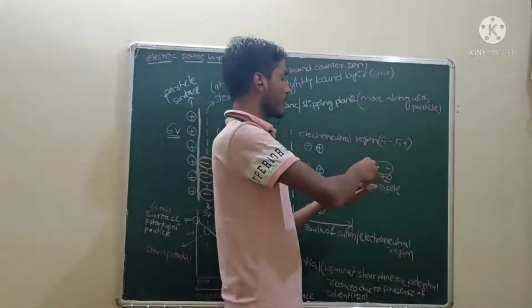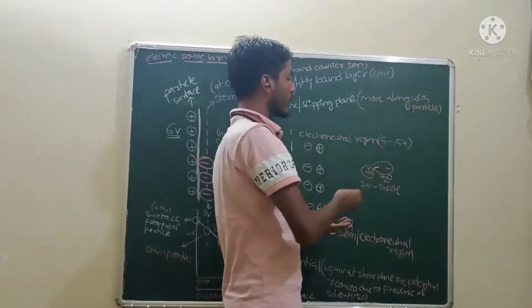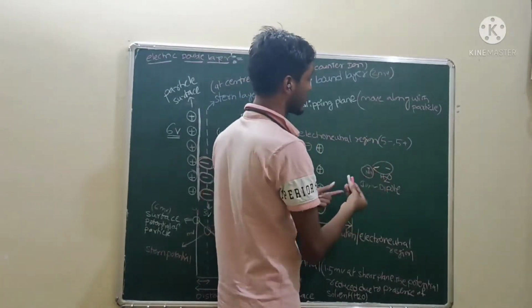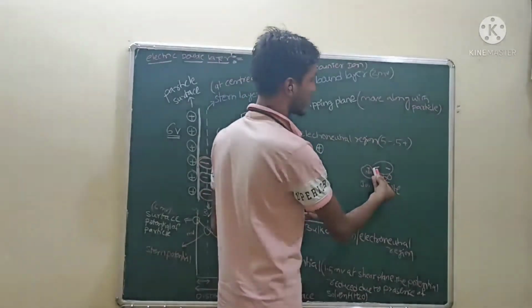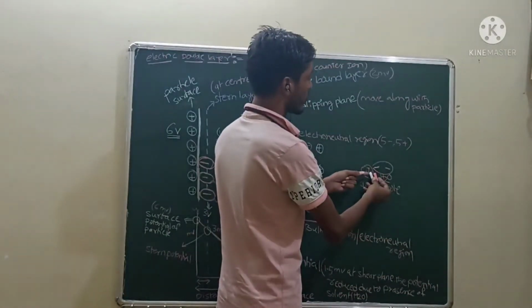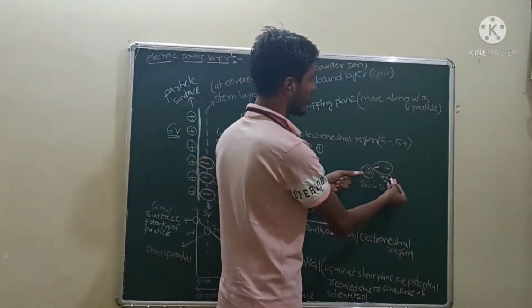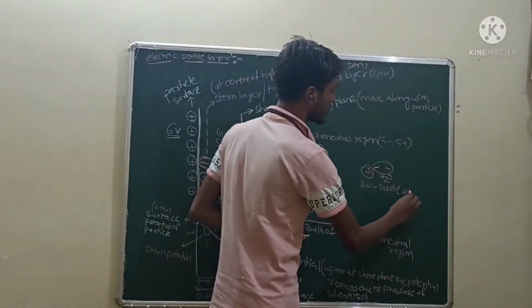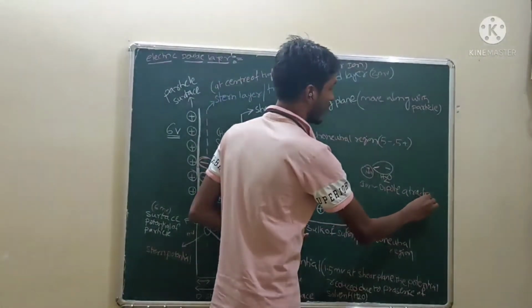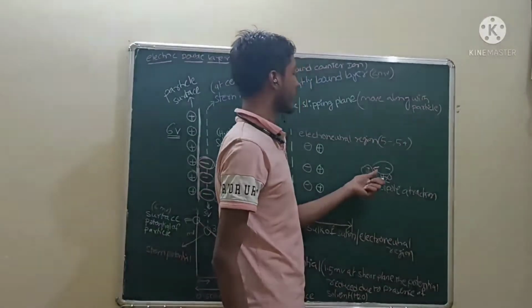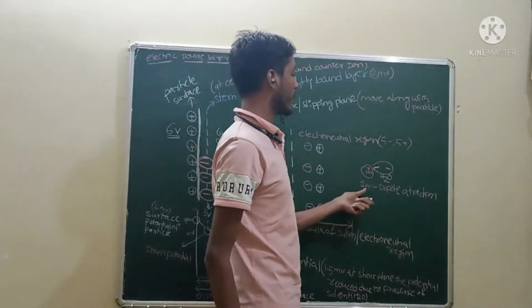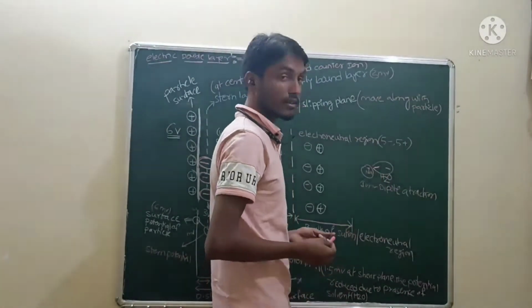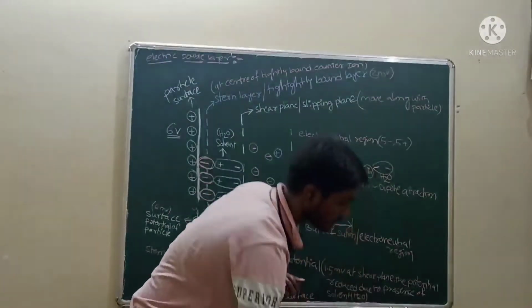When you dissolve NaCl in water, a formation of this kind happens. This is sodium, surrounded by water. So what kind of interaction is there? Ion dipole attraction. Attractions are there between the ion and water molecule. That is ion dipole attraction.